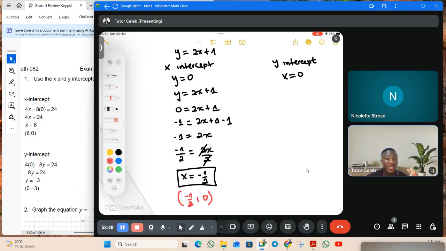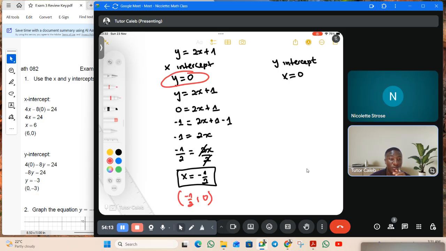We said that at the x-intercept, y is always 0, but we don't know x. To find x, we put y equals 0 in the equation y equals 2x plus 1. Then we got x to be equal to minus half. So the coordinate of the x-intercept, meaning where the line cuts the x-axis, is negative half and 0.